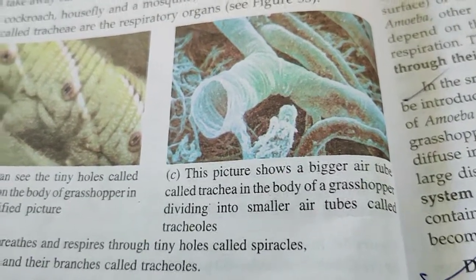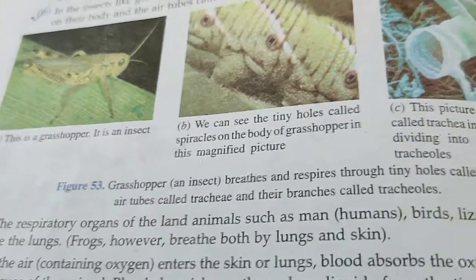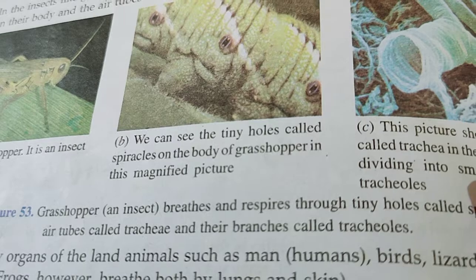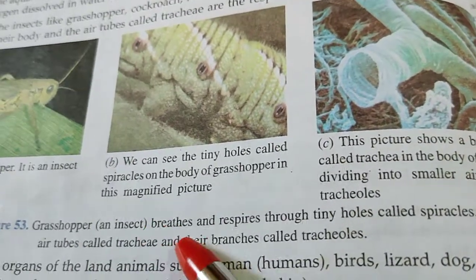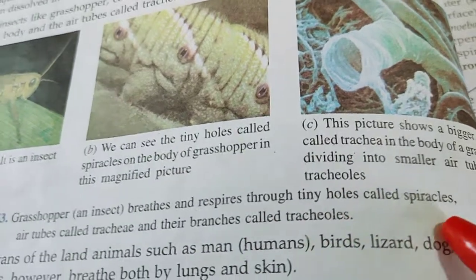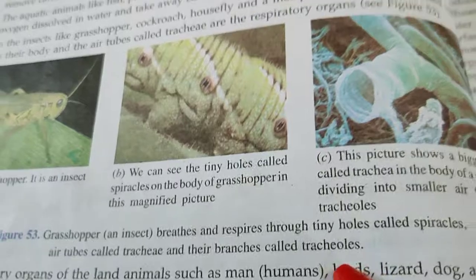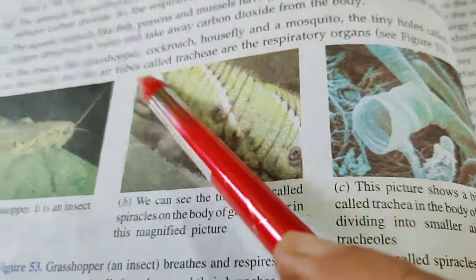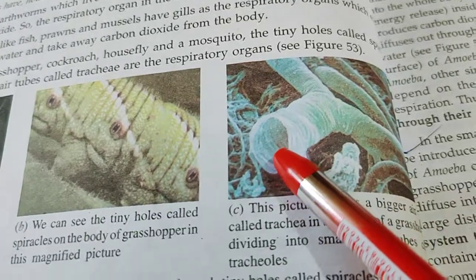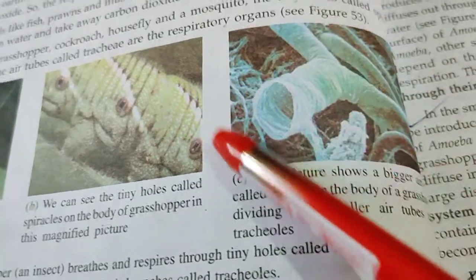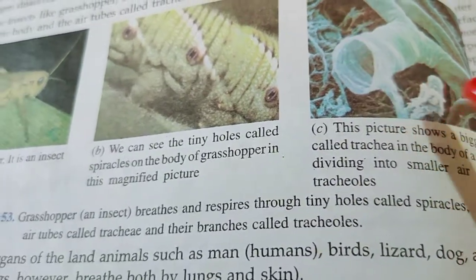Because grasshoppers respire through tiny holes called spiracles, air tubes called trachea and the branches called tracheoles. So spiracles are present on the surface of the body, which are attached with the tube-like network inside the body called trachea and tracheoles.